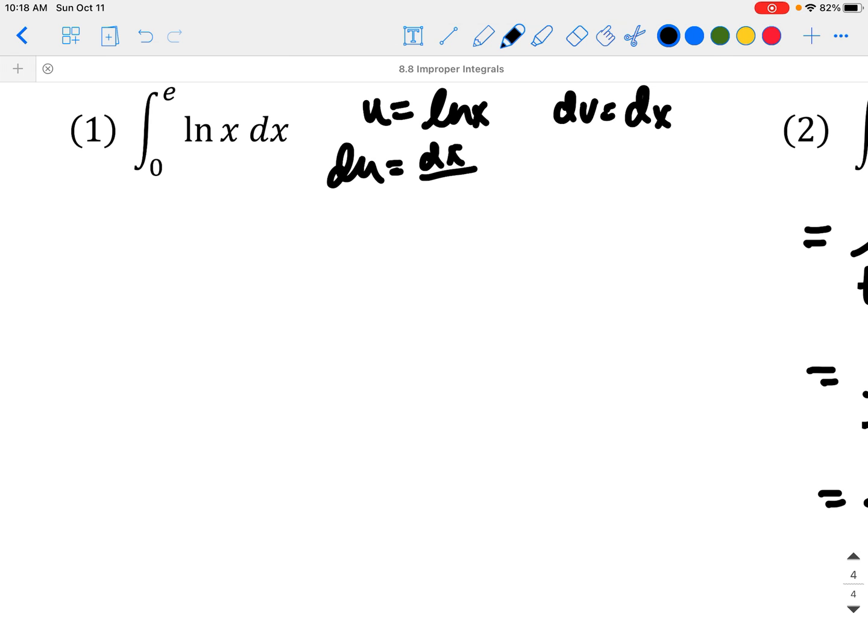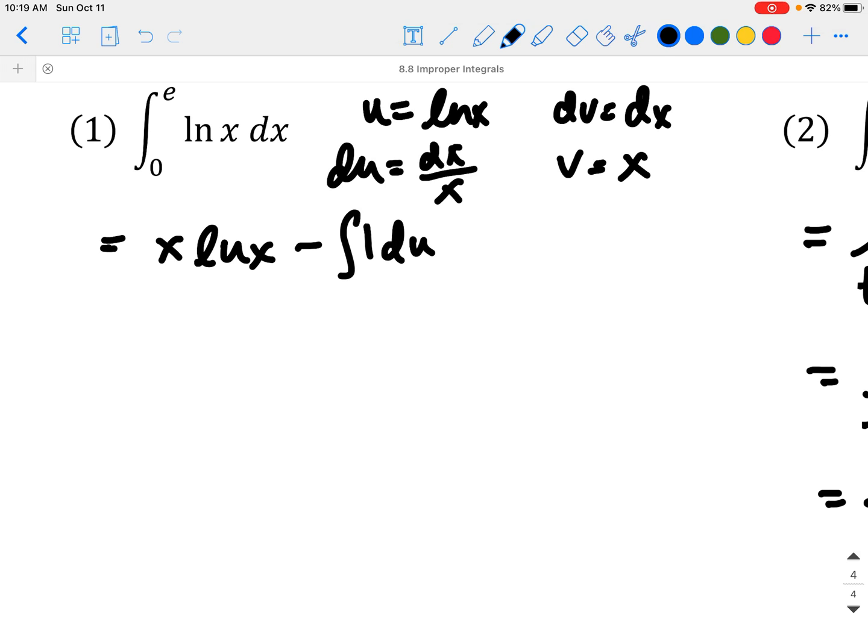So then du is going to be 1 over x dx, and v is going to equal x. So then we would get that this is going to equal x natural log of x, u times v, minus the integral of v du, which is just 1 dx, so we're going to get x natural log of x minus x. Oh, minus x, sorry, plus c.